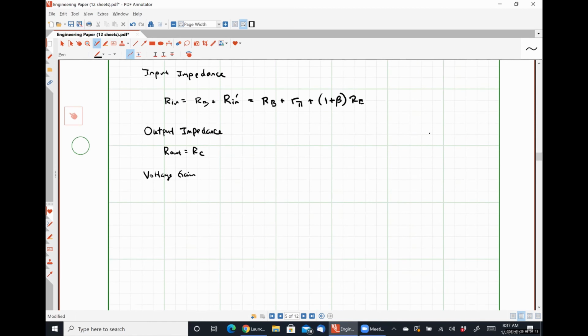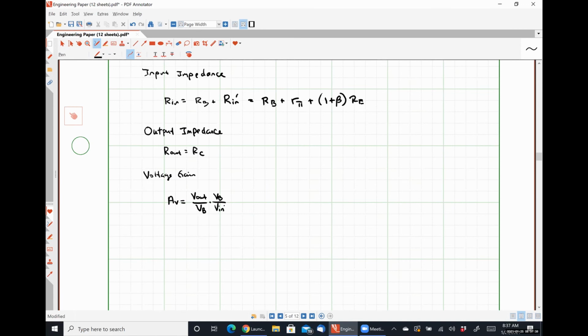So my overall goal here is I'm going to say that my voltage gain is V out divided by VB, which is a relationship we know, multiplied by VB over Vin, right?